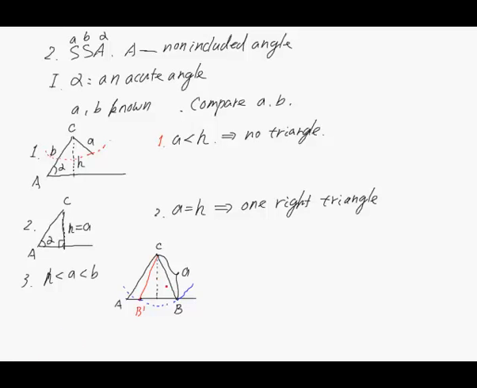Okay, this guy is H, right? But less than this side B. Less than B. So in this case, this circle touches this bottom line at 2 places. So that means you can have 2 triangles.